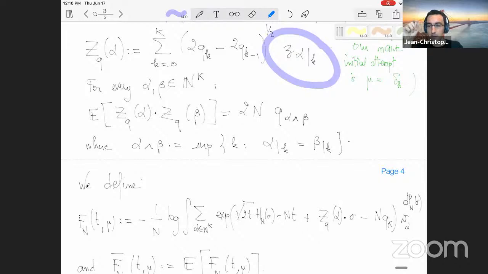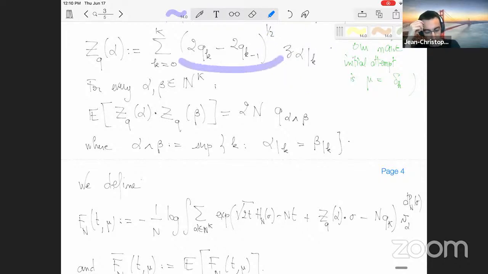So the correlation will be this term if the two points are called alpha and beta, if alpha restricted to k is equal to beta restricted to k, and it will be 0 otherwise.